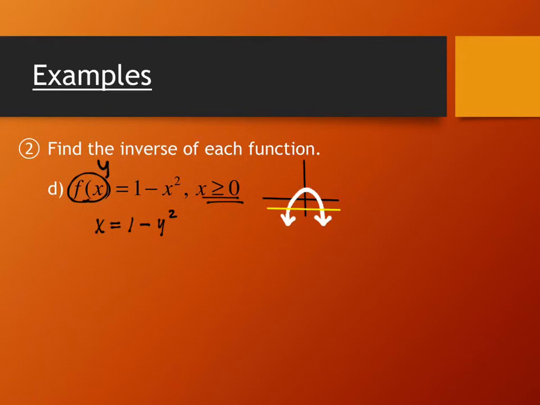So what happens when they've told you this x is greater than or equal to 0 business is they've eliminated half the graph. So in essence they've done this to the graph. And when they do that, now it's 1 to 1.